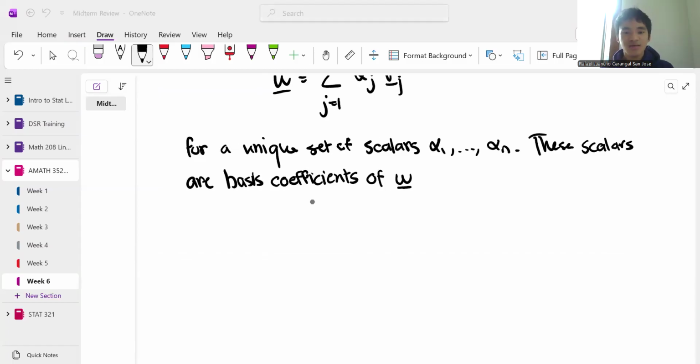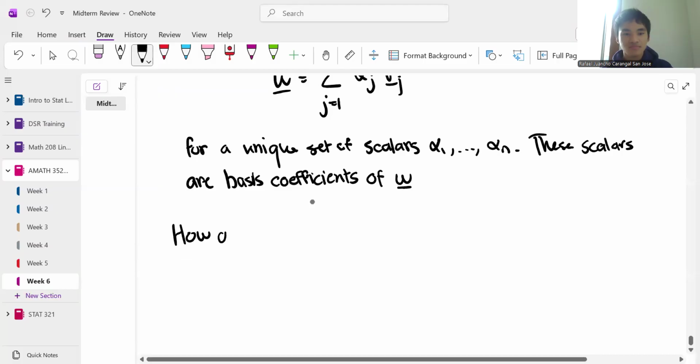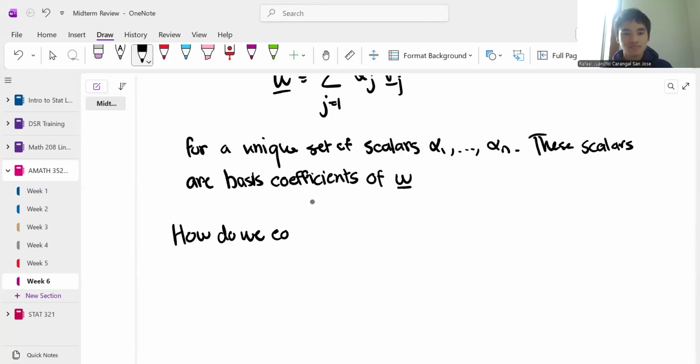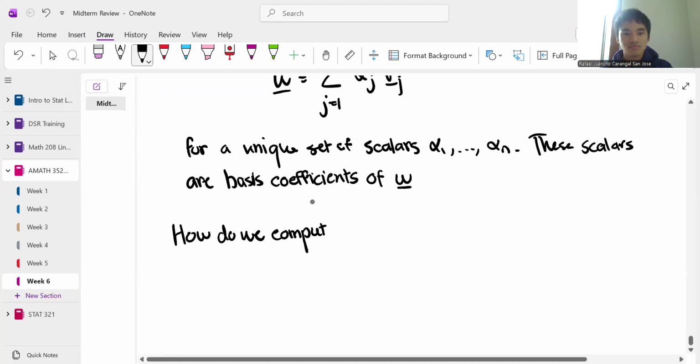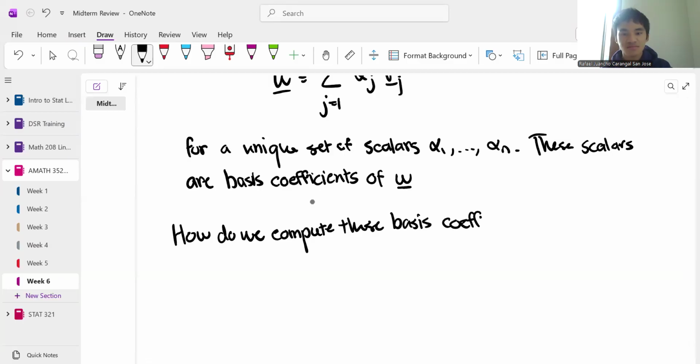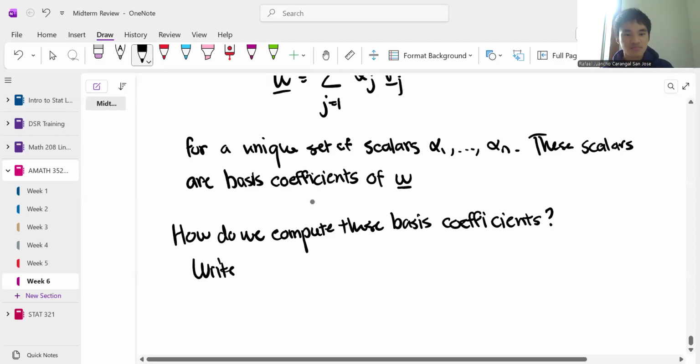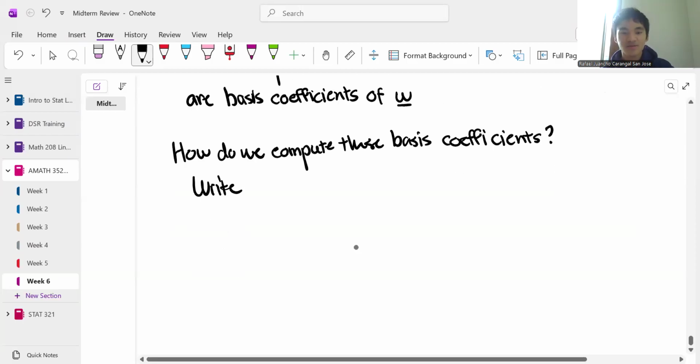Now, how do we compute these basis coefficients or these alphas? Well, we have a couple of ways of doing it, right? So for one, we're gonna write the whole thing, right?